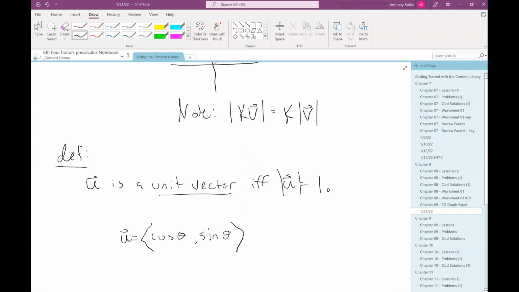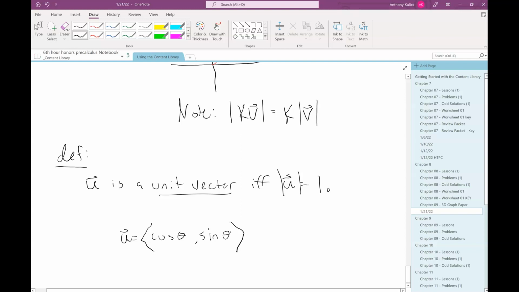So one of the really important pieces for unit vectors is they essentially capture the direction portion of your vector uniquely, right? They don't have an impact on the magnitude, they just capture the direction piece. Cool with that?